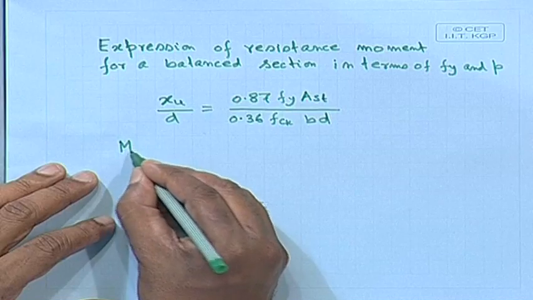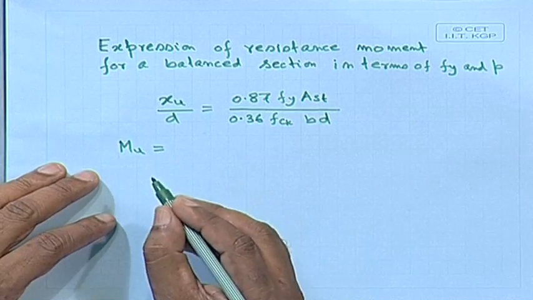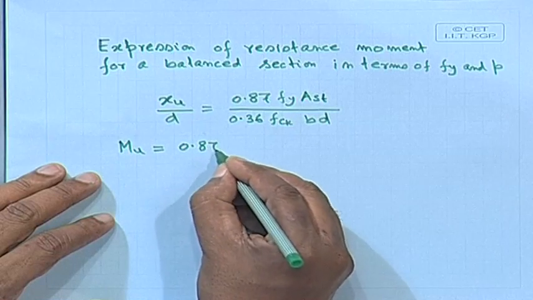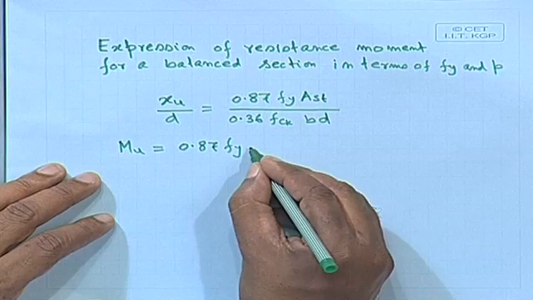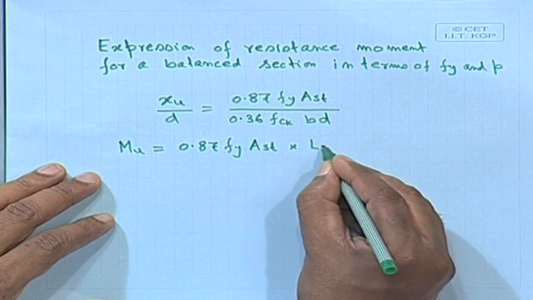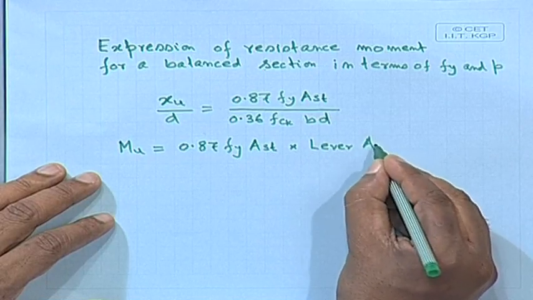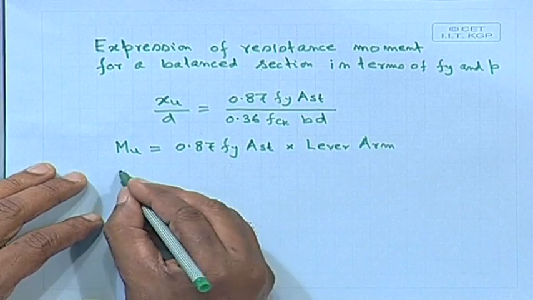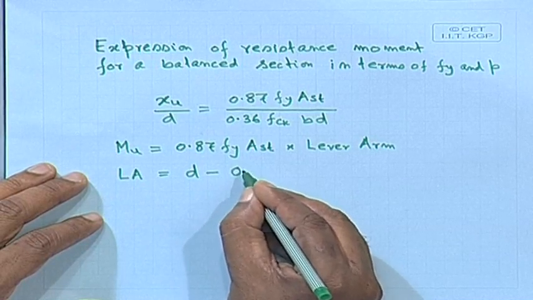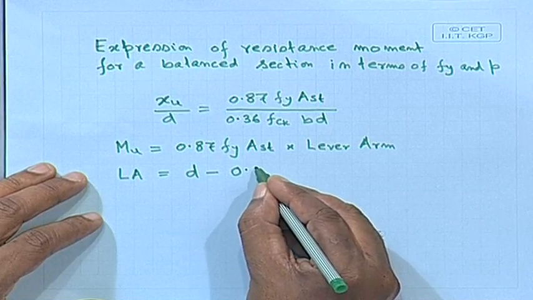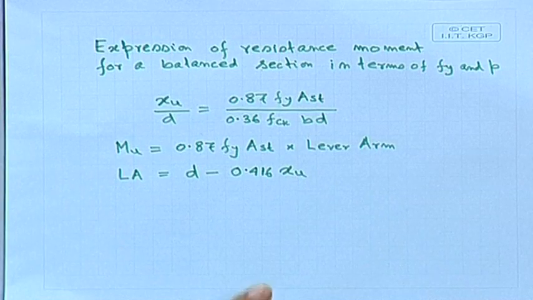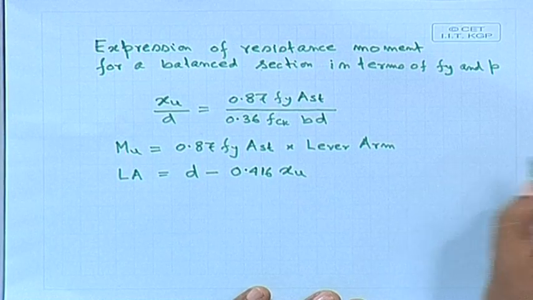Mu, that limiting moment, moment of resistance, is 0.87 Fy AST, this is the tensile force, multiplied by the lever arm. So, lever arm here equal to D minus 0.42 or 0.416 XU, the exact value also we can write down. Let me repeat once more here.